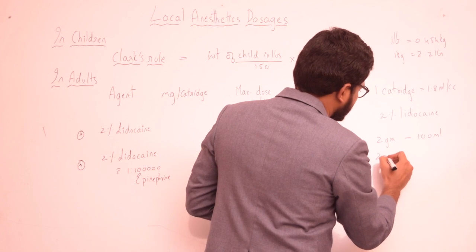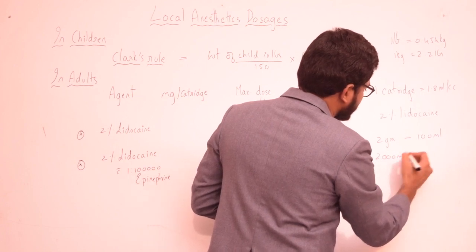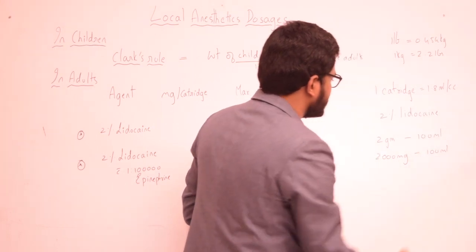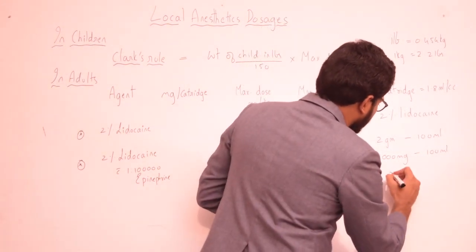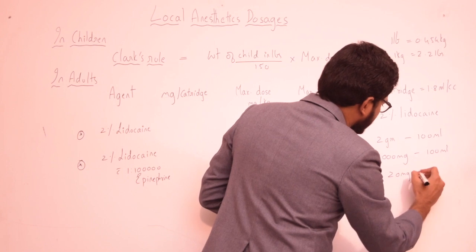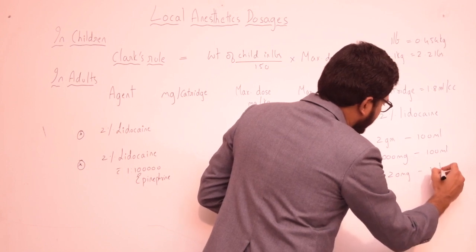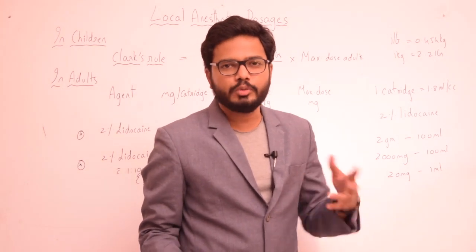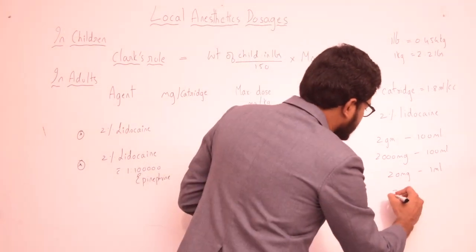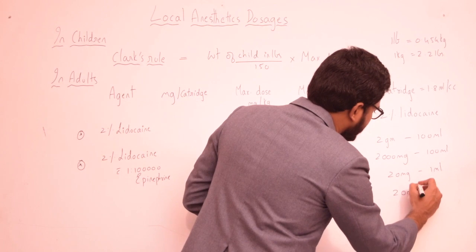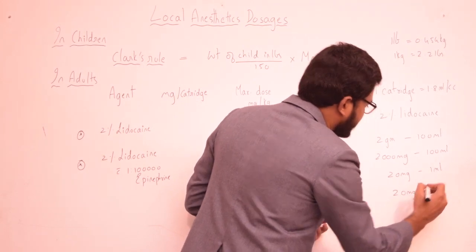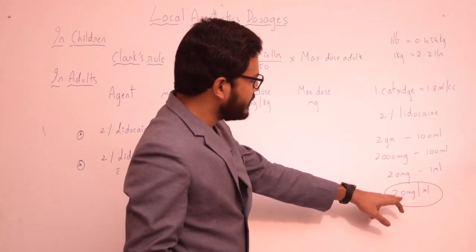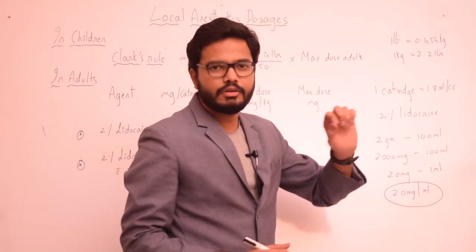In other words, 2000 milligrams of lidocaine is present in 100 ml of local anesthetic solution, which means 20 milligrams of lidocaine is present in 1 ml of solution. So the concentration of lidocaine, when I say 2%, is 20 milligrams per ml or per cc. So 2% lidocaine contains 20 milligrams of lidocaine for every 1 ml.